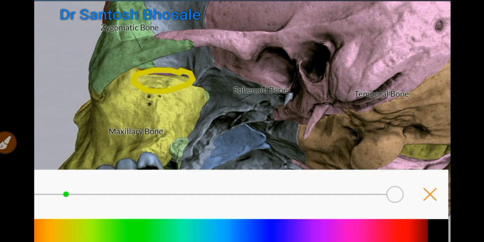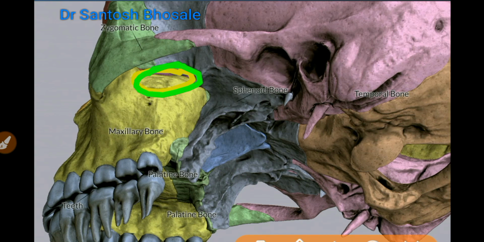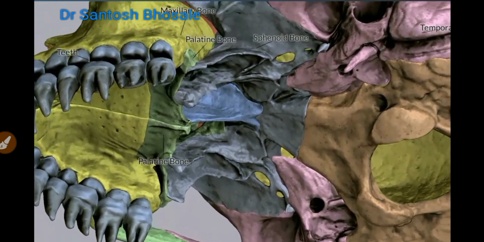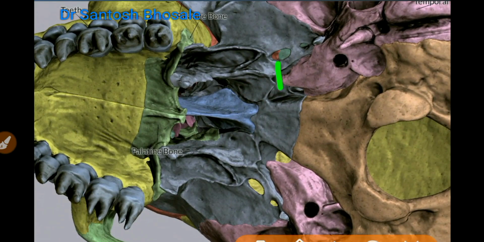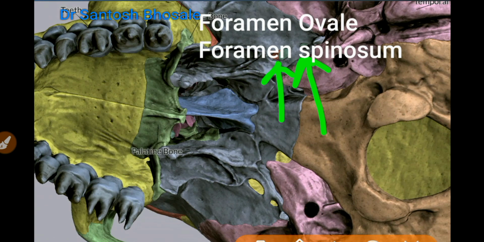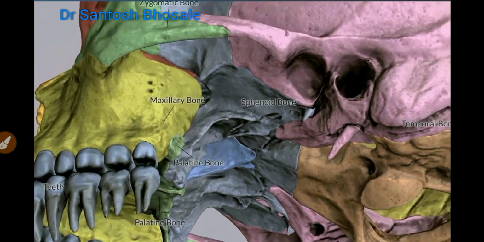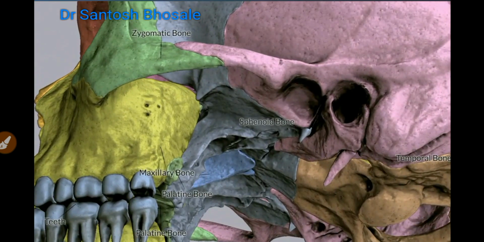And coming to the communication, this infratemporal fossa communicates anteriorly with the orbit via inferior orbital fissure, whereas above it communicates with the middle cranial fossa by these 2 openings, foramen ovale, foramen spinosum. You already know what is passing through foramen ovale: mandibular nerve, accessory meningeal artery, lesser petrosal nerve, emissary veins. Foramen spinosum, 3 M's, middle meningeal artery, vein and nerve.